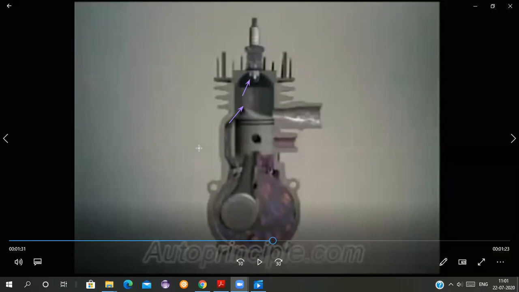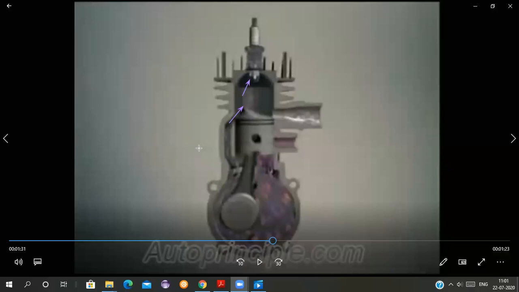When the start button is not working, or when the engine is not starting, what we do is push the car. When you are pushing the car, the tires are rotating. Because the tires are rotating, the shafts connected to the tires start rotating. Then the propeller shaft rotates, the gearbox gears rotate, and then your flywheel also gets rotated.